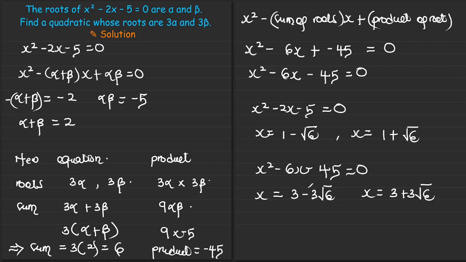If you factorize the 3 out, we have 3 into bracket 1 minus root 6, and the same applies here, 3 into bracket 1 plus root 6. If you look at this too, you realize that these are 3 times the roots of the first one we had right here. And that confirms what the question said.